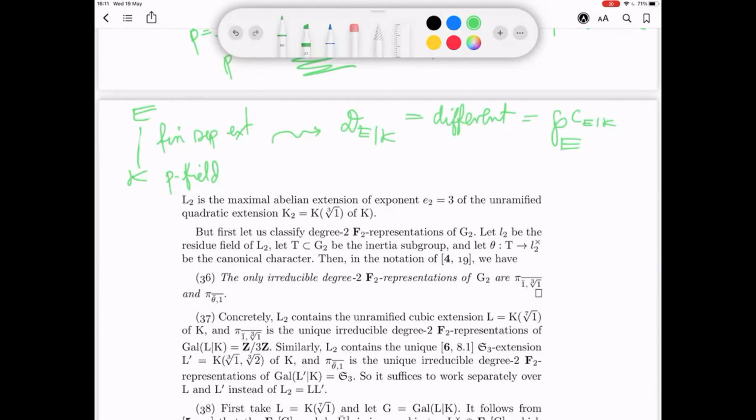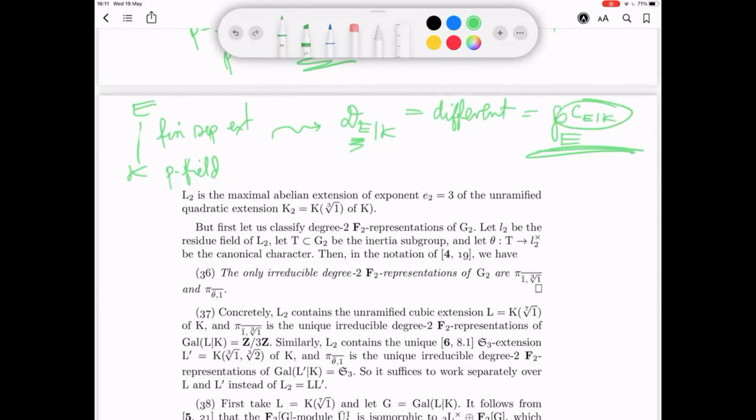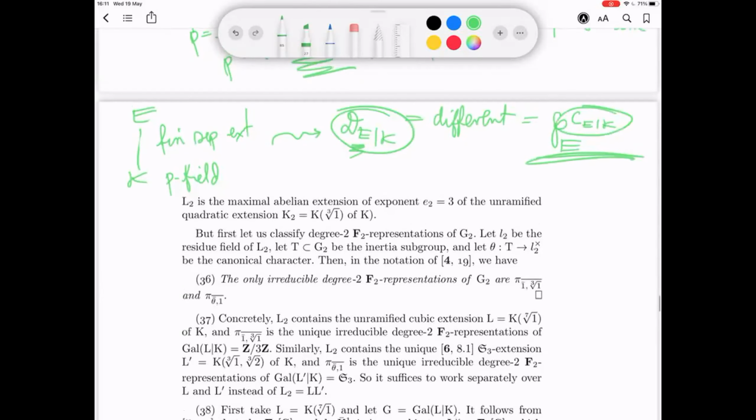The different is an ideal of the ring of integers of E, and therefore it is a power of this maximal ideal. So you would like to compute this coefficient c_{E/K}, because that is what determines the different completely.